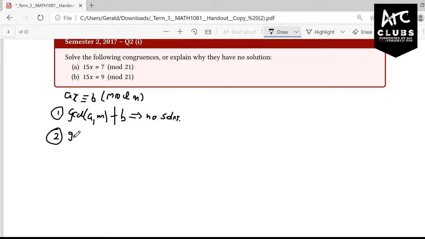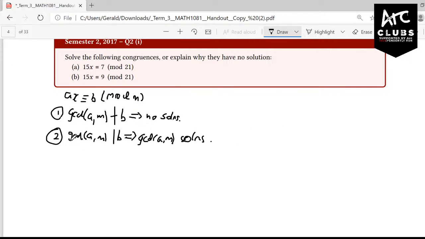Otherwise, if the greatest common divisor between A and M does divide B, then we have GCD(A, M) many solutions.